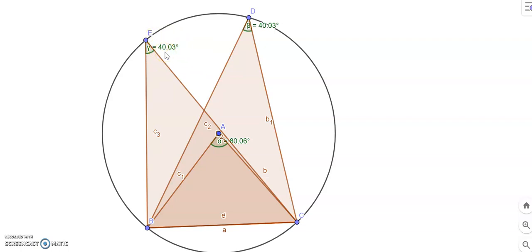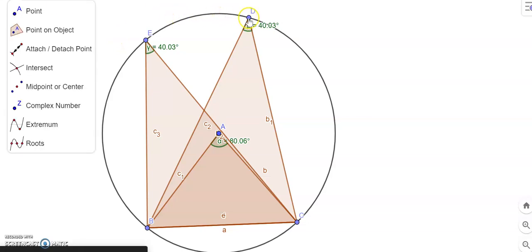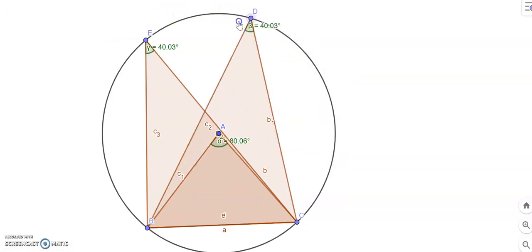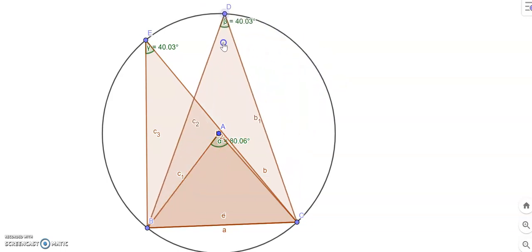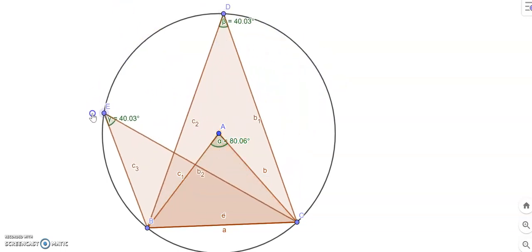What does it tell you? These two angles are equal. Then what are the reasons? You say that angles subtended by the same chord to the circumference are all equal. So whatever you do here, we can play around with this, the angles remain the same.